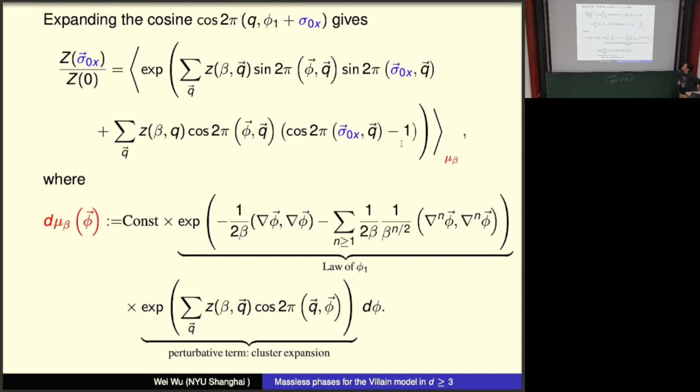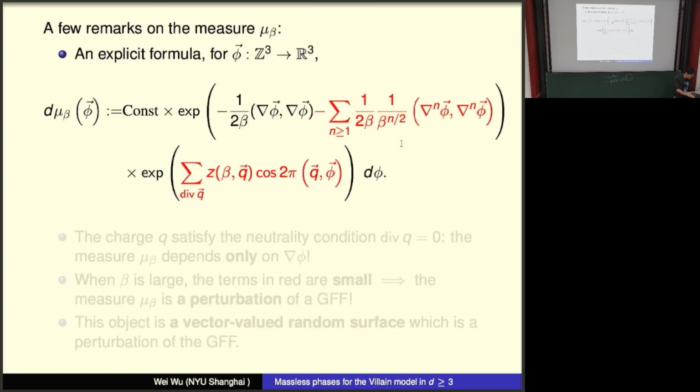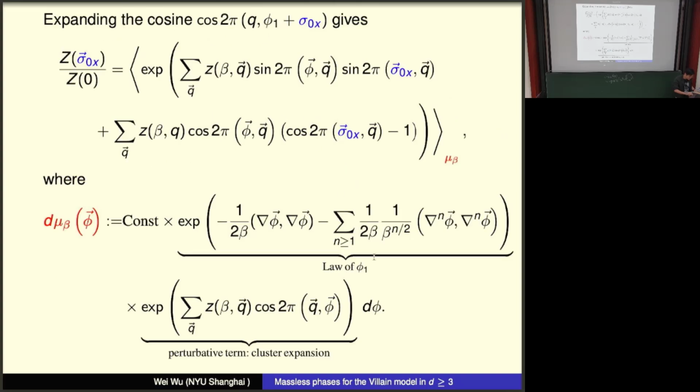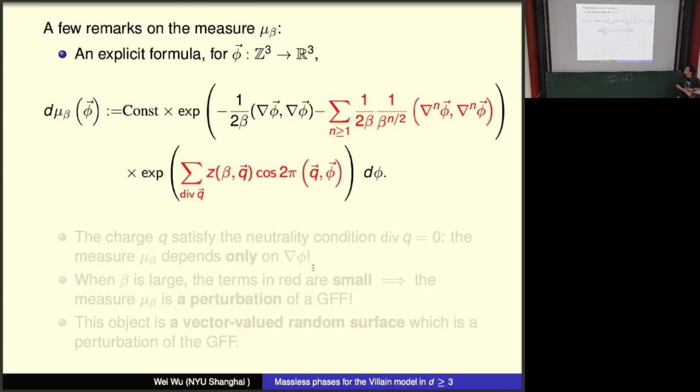If you look at this thing, this mu beta, what you see is that the leading term is going to be this Gaussian term, right? There are this term and this term, but as beta gets large, these are going to be of higher order than the Gaussian term, and this Z we know has an exponential minus square root beta, so this is also going to be much smaller than the first term.